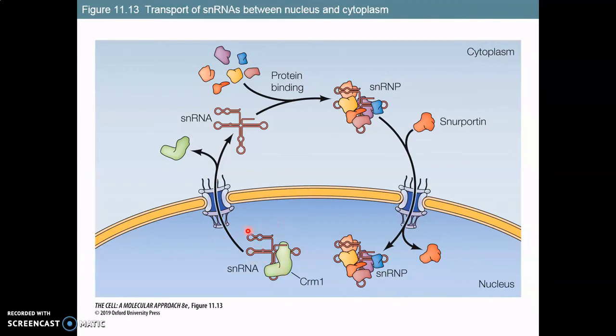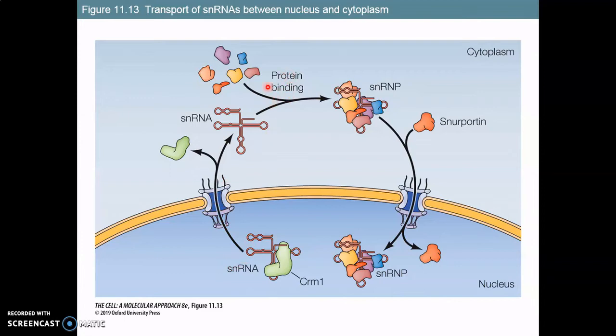But this is not just an RNA that does that. It also is associated with various proteins. So in this case, what we actually do is export the snRNA into the cytoplasm.